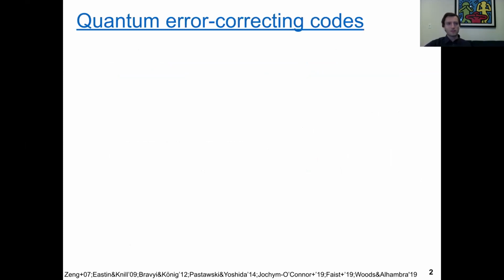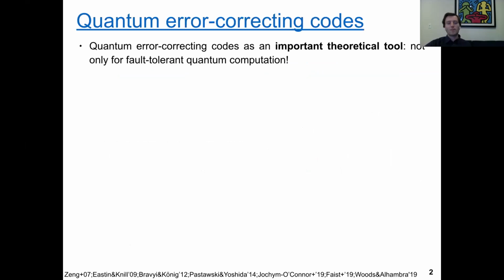Let me motivate a bit why I am interested in quantum error correcting codes, but it's not only me who is interested in them. Quantum error correcting codes are an important theoretical tool, and they are used not only for fault-tolerant quantum computation.